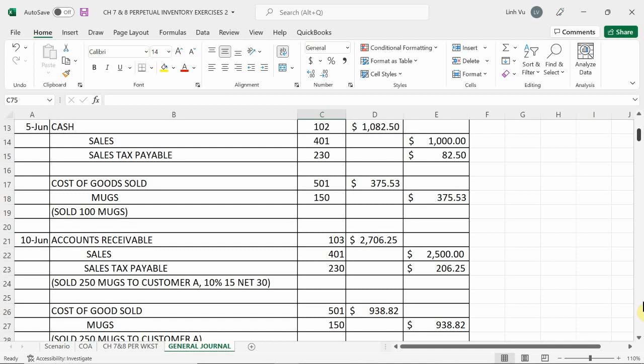But because they paid within the window of opportunity to take the discount, how should we go about this? We're going to do 2,500 times 10%.